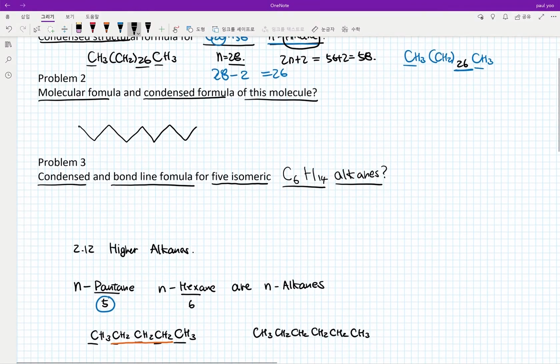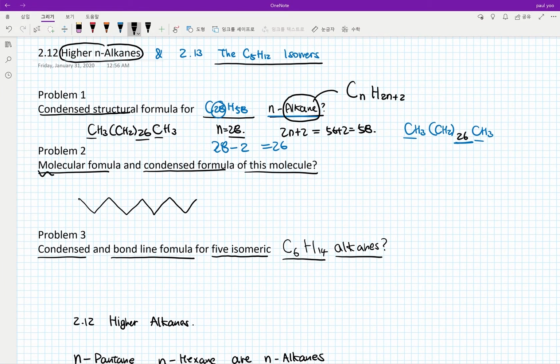Then here the problem asks for the molecular formula and condensed formula of this molecule, and counting the number of carbons 1, 2, 3, 4, 5, 6, 7, 8, 9, it is going to be a nonane. I actually meant to draw 2 more lines here, and let's just go with it. This molecule has 9 carbons and will be named nonane.